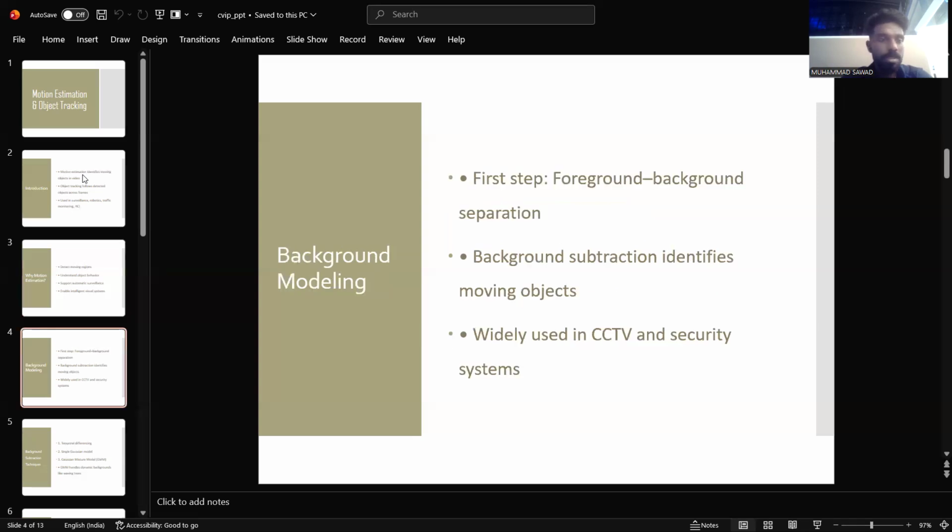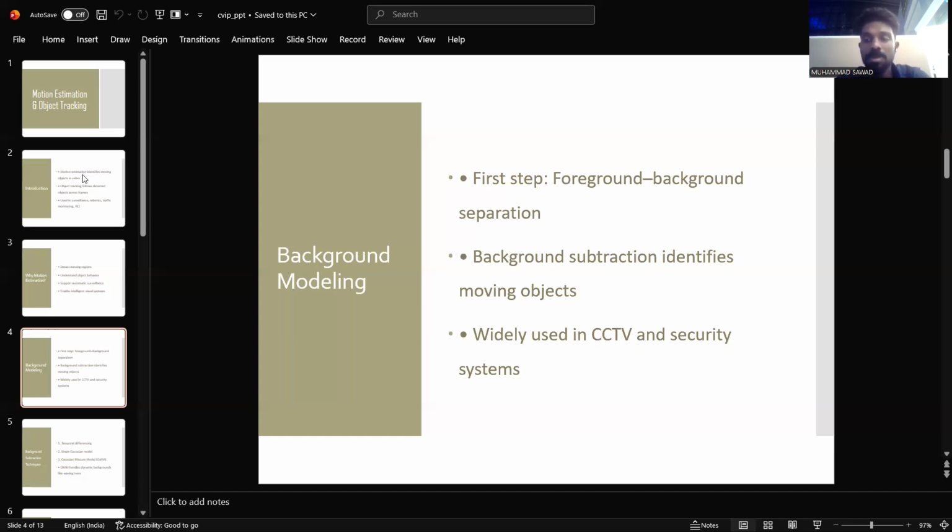And then in the next slide, we are going to talk about background modeling. The first major step in motion estimation is background modeling. This involves separating the static background from moving foreground objects. In video surveillance, background subtraction is one of the simplest and most effective techniques.